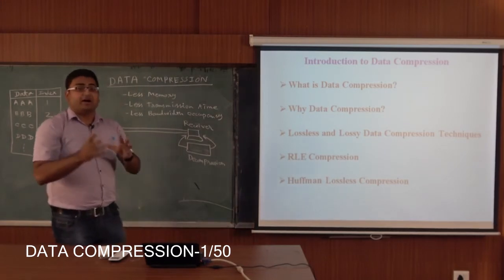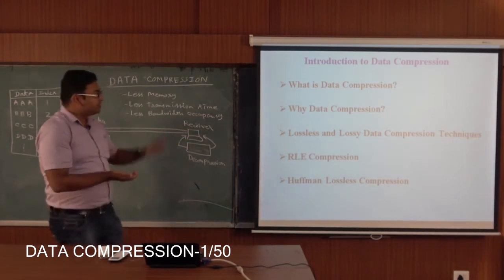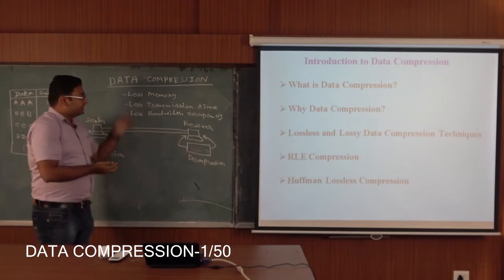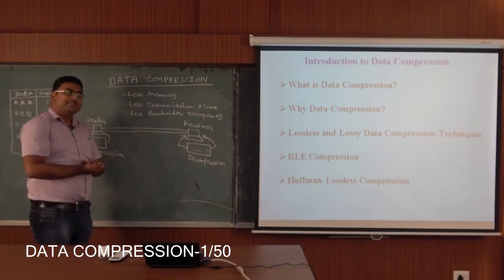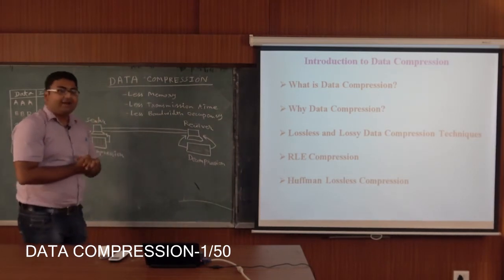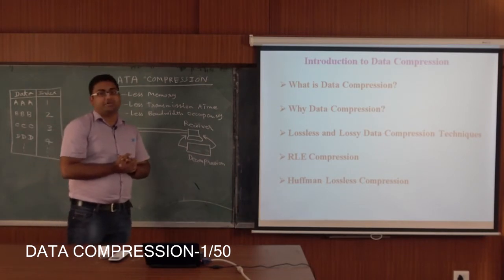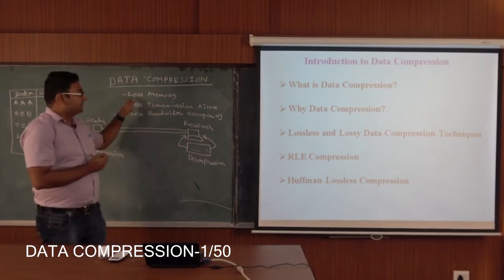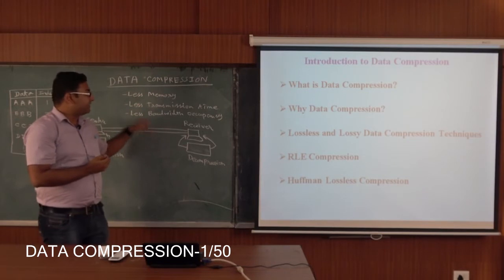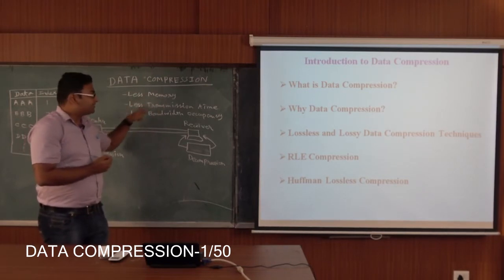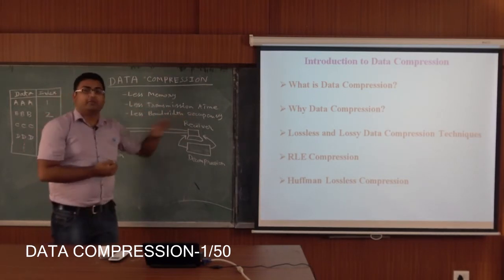Obviously we have a set of advantages of using that compression technique. These are the advantages that we generally get after applying different data compression techniques: less memory, less transmission time, and less bandwidth occupancy.